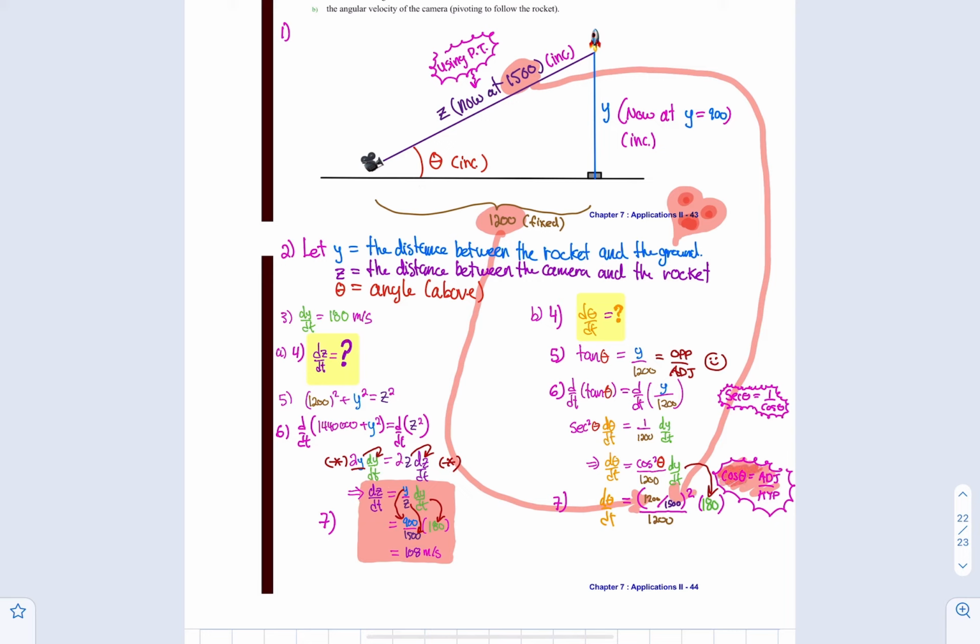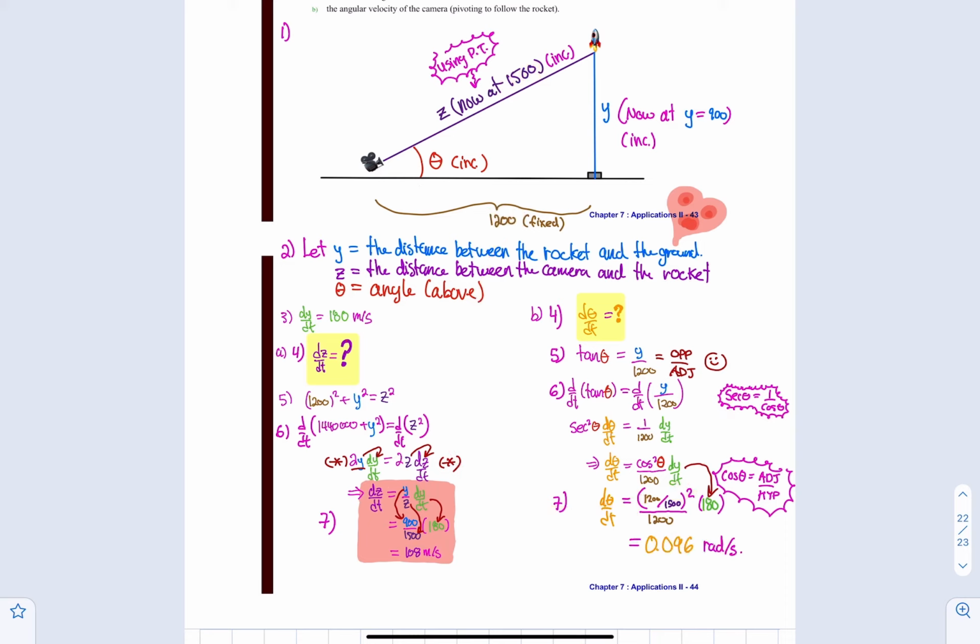And now you have a numerical value. If you use your calculator, you can verify that d theta/dt is equal to 0.096 rad per second.